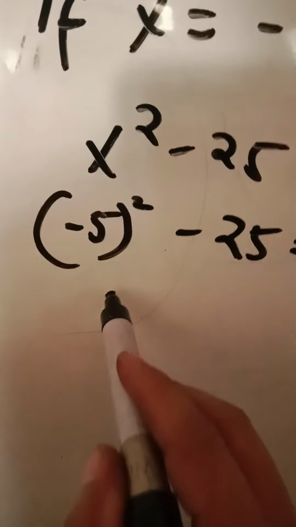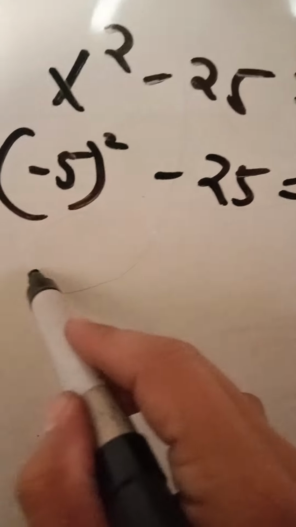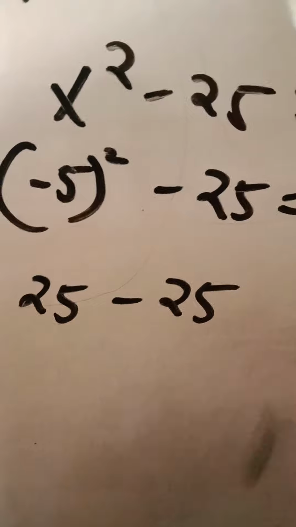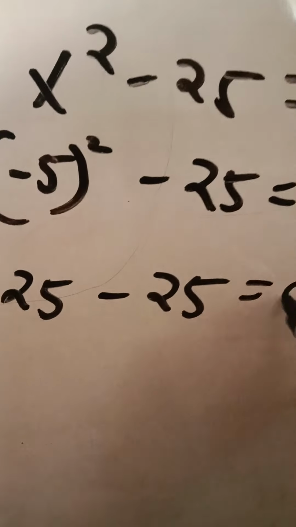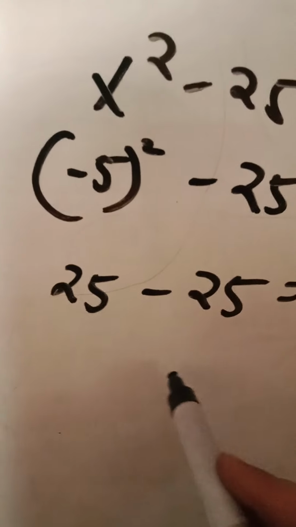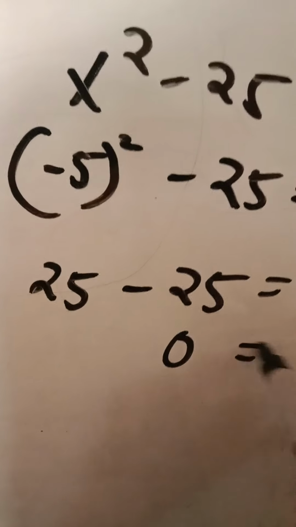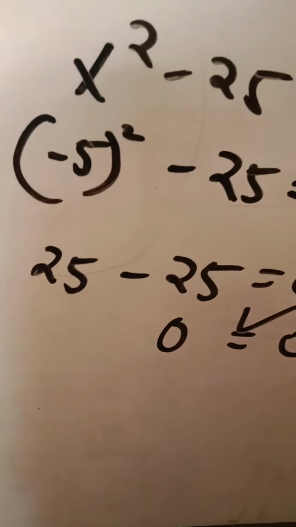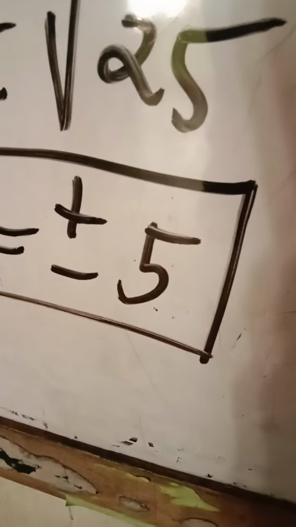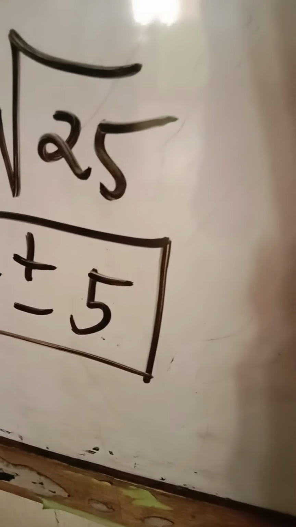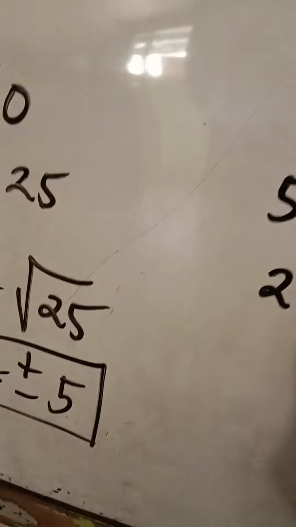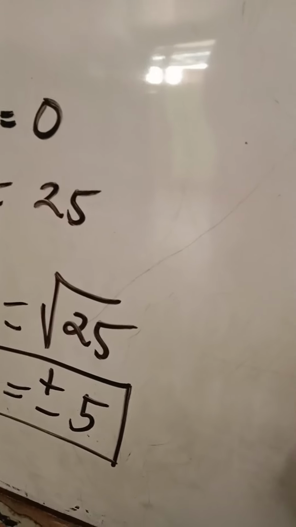So negative 5 times negative 5 is positive 25, minus 25 is equal to 0. So 25 minus 25 is 0, equal to 0. Now our answer is checked for x equal to positive and negative 5. So that's how to solve a quadratic equation by extracting square roots.